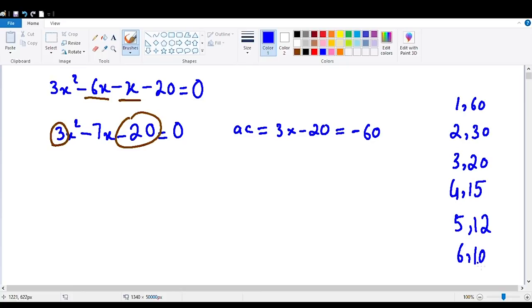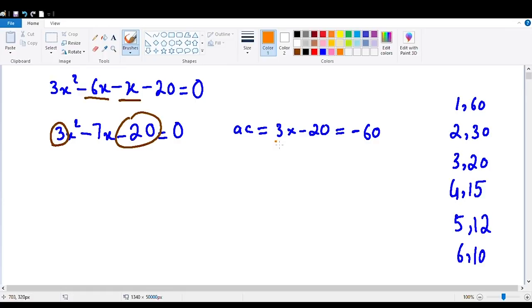And after this, the factors just repeat. It'll be 10 and 6, 12 and 5, 15 and 4, etc. So these are the pairs of factors. Now, out of these pairs of factors, we need to find the pair whose sum is minus 7 and whose product is minus 60.